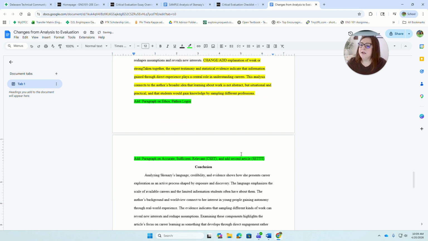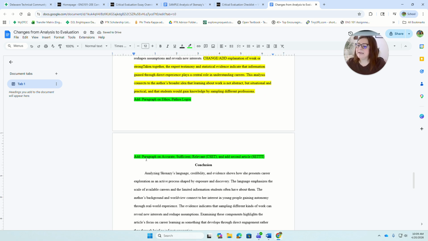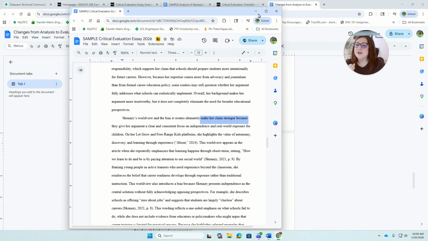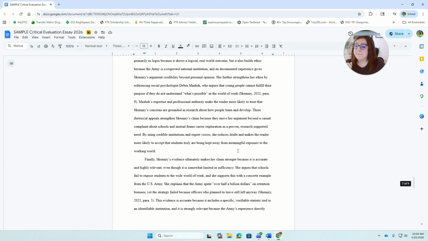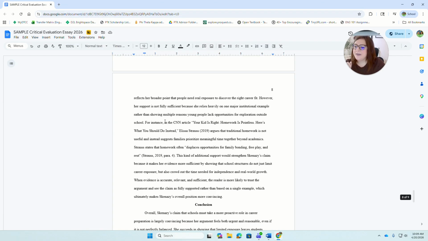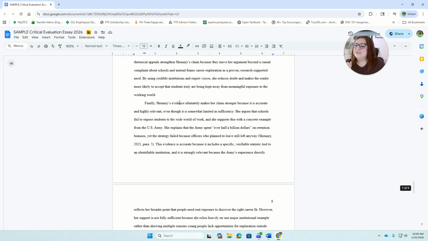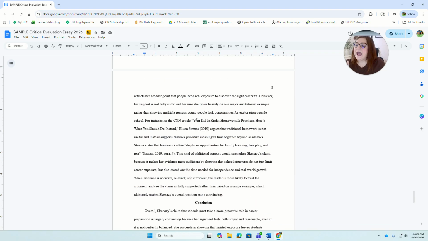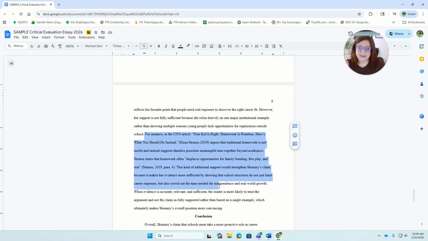Okay. So essentially what that means is you're going to have a whole paragraph in C set format on accurate, sufficient, relevant, and make sure that on that second set, you're just putting in that secondary article. You can take a look at the critical evaluation sample to see how that happens. So this person has discussed all the information that we need, and then right here, added in that secondary article.